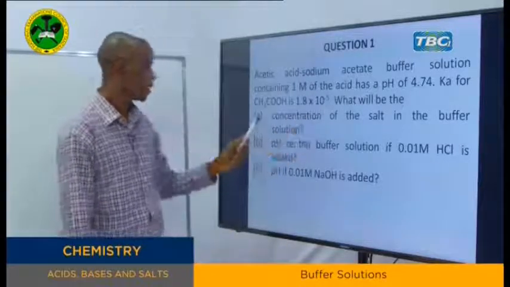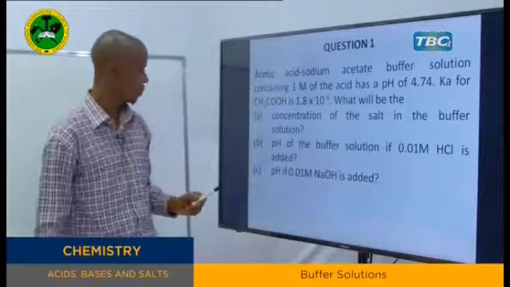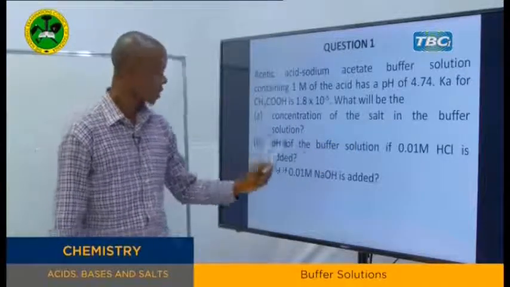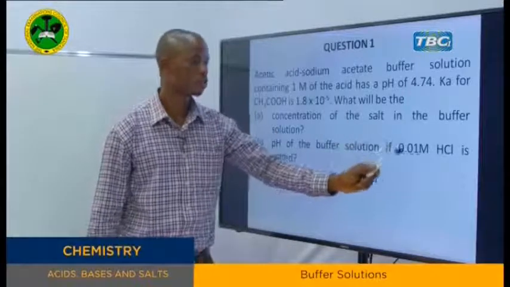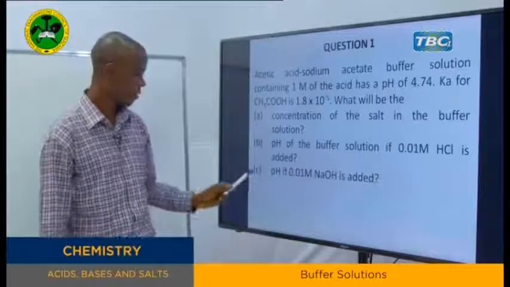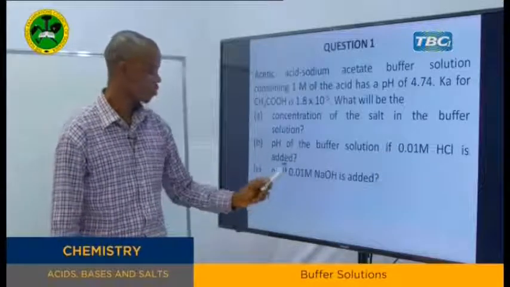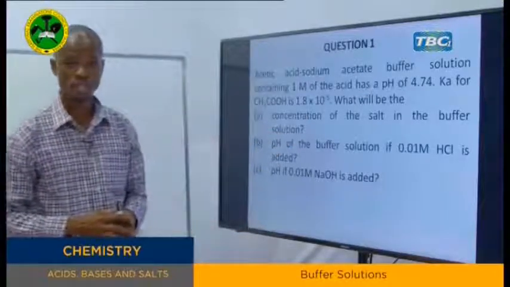Number 1, what will be the concentration of the salt in the buffer solution? Number 2, the pH of the buffer solution if 0.01 molar hydrochloric acid is added. Number 3, the pH if 0.01 molar sodium hydroxide is added. So this is the question.